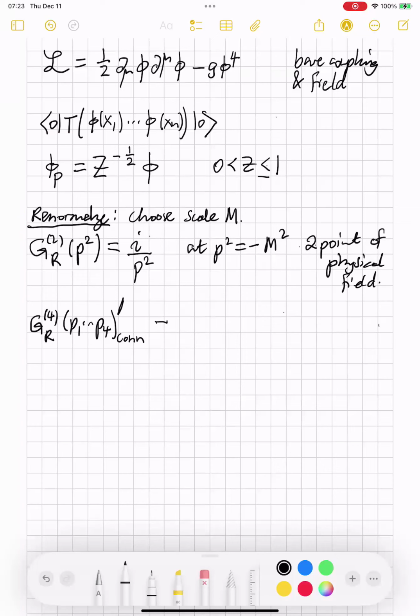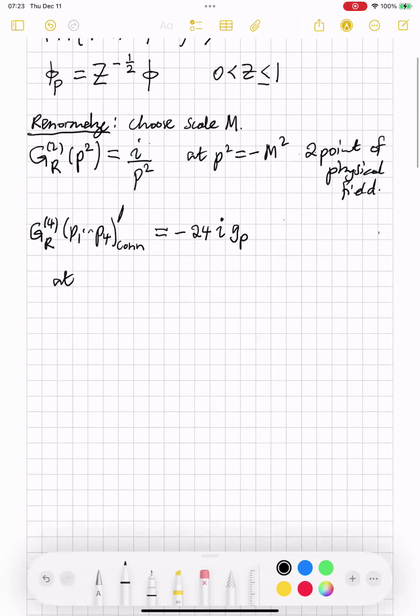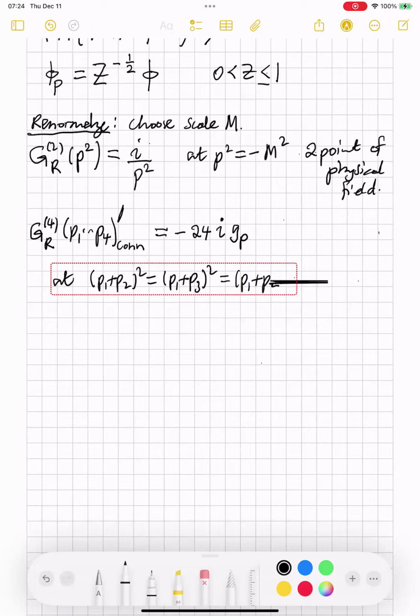And this will be equal to minus 24i times the physical coupling. This is some parameter that you managed to cleverly measure from experiment. And again, this must be done at some specific kinematical point. So we'll say at (P1 plus P2) squared is equal to, this is a pretty standard choice for this kinematical point. You can look at my YouTube lectures of last year, or why don't you go to something like Peskin and Schroeder, which is a textbook that I like very much.